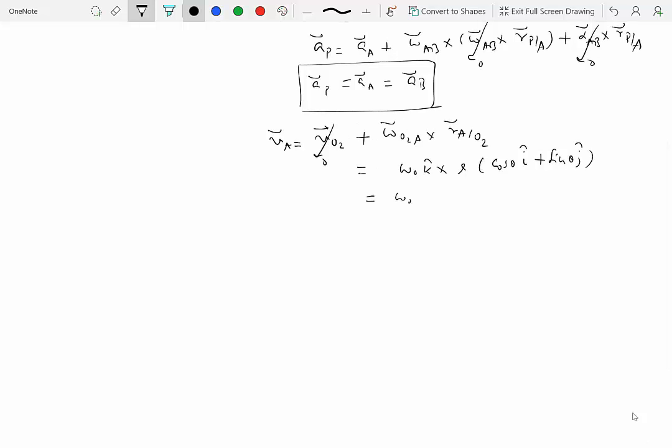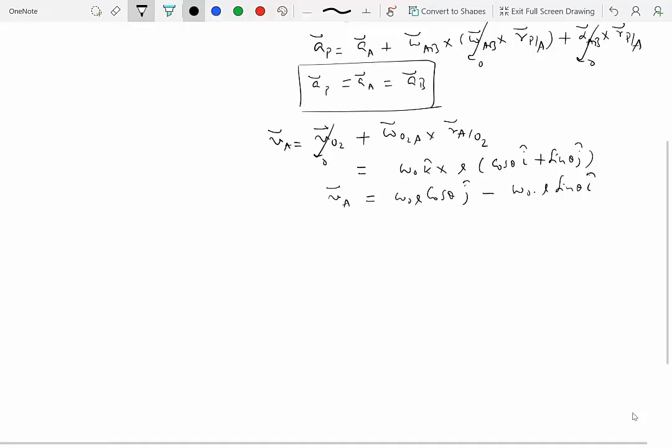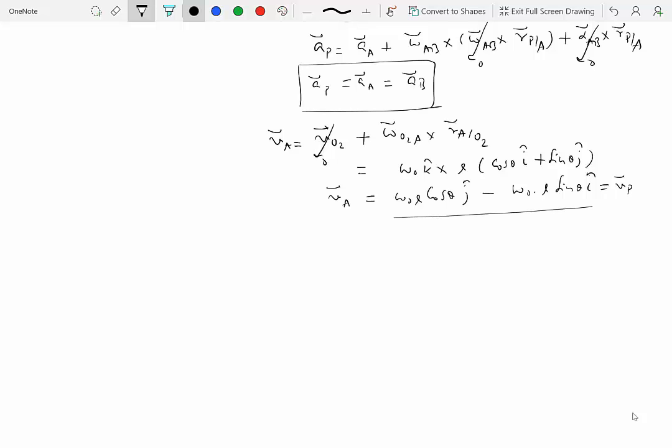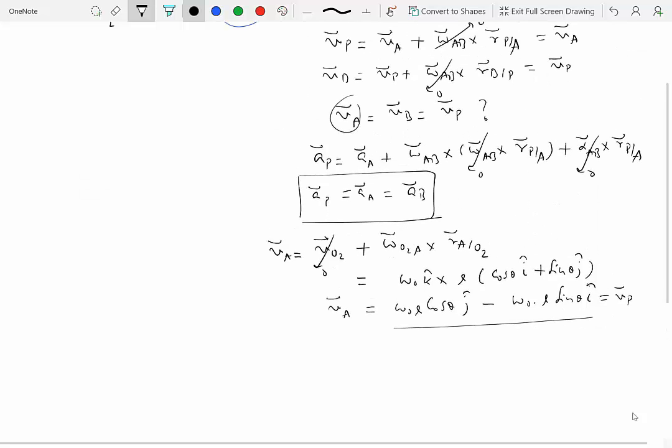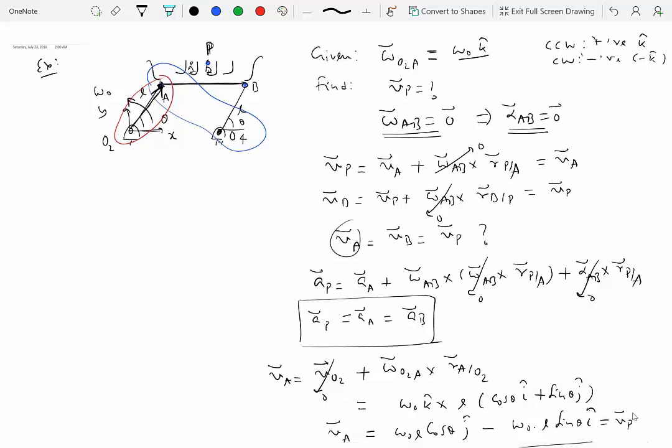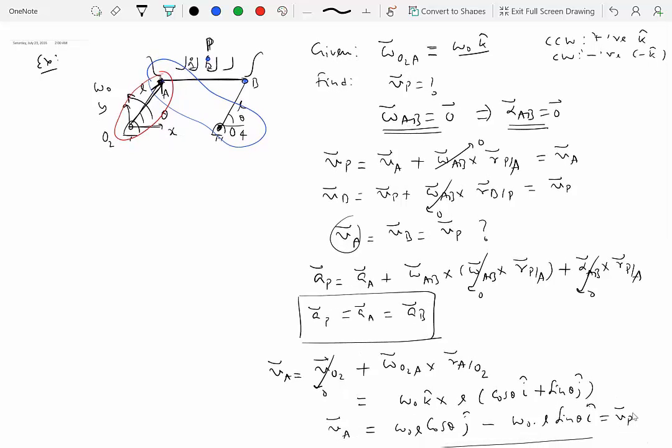So let's do the cross product, and we get omega 0 L cosine theta, k cross i is j hat, omega 0 L sine theta, and k cross j is minus i hat. And that is the velocity of A, which is also the velocity of point P. So from this, we can get the velocity of any point on this motion platform, because the velocity of every point on this motion platform is the same.